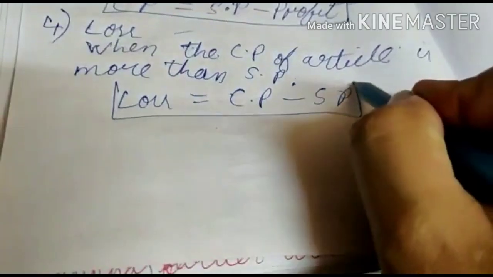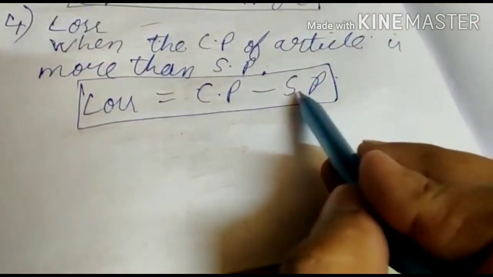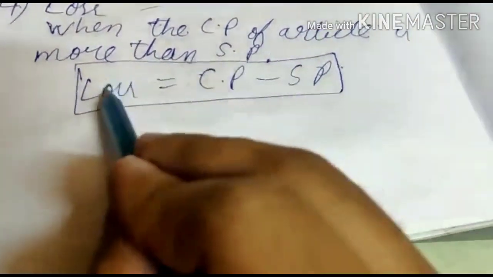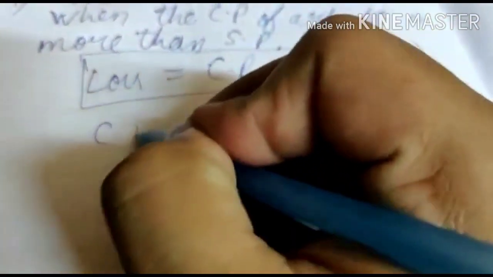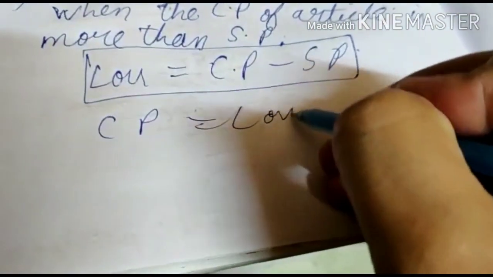Now in the same way as in the above step, when SP is in minus here, it will go there in plus. So loss plus SP will become equal to CP. So CP equals loss plus SP.